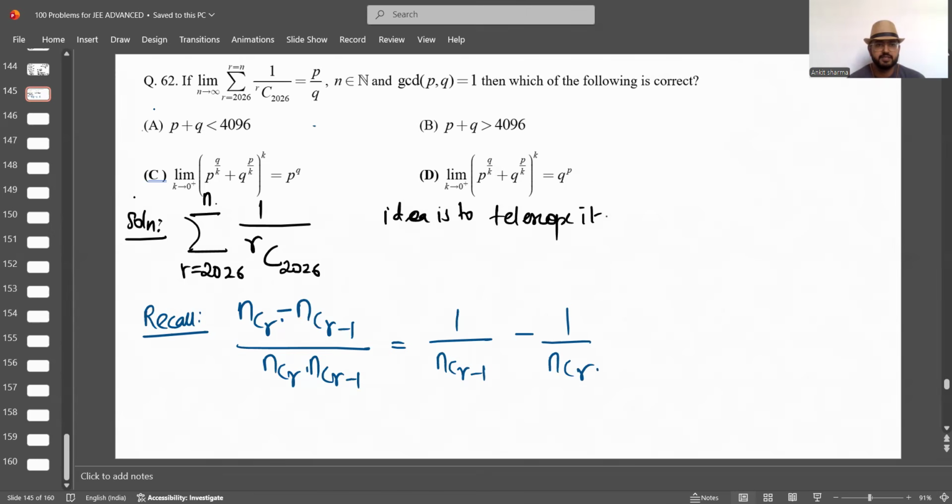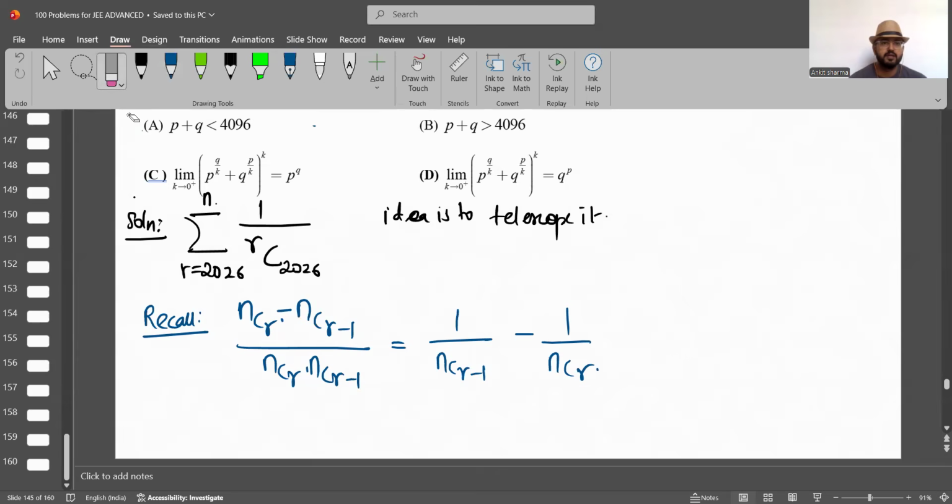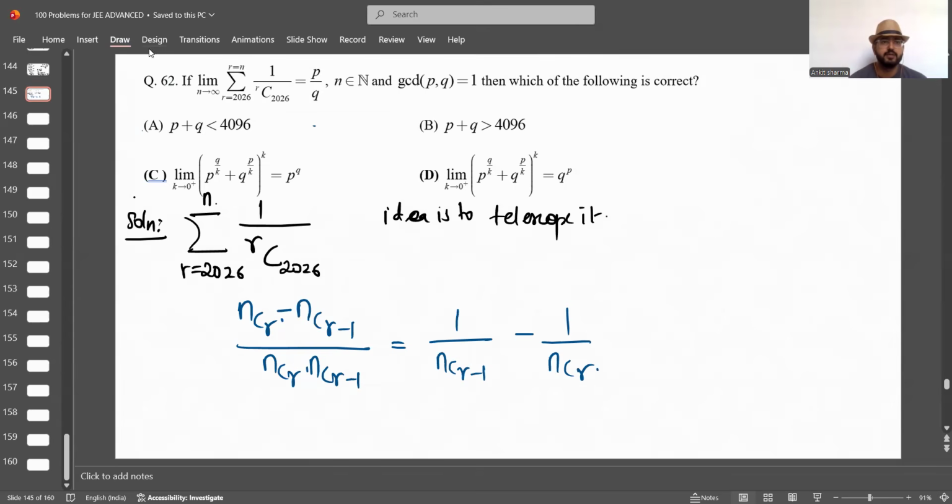Now I have to arrange this guy somewhere. That means I'll multiply and divide by R plus 1 over R throughout. This one also, and this guy also. So the idea is to get the telescope here to this side.